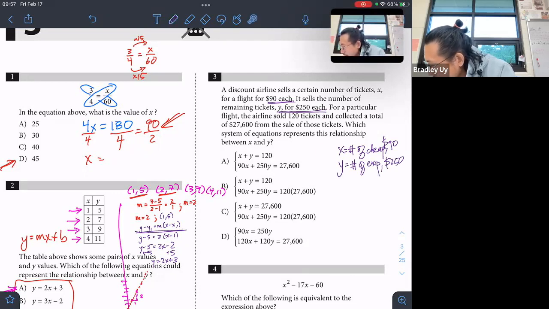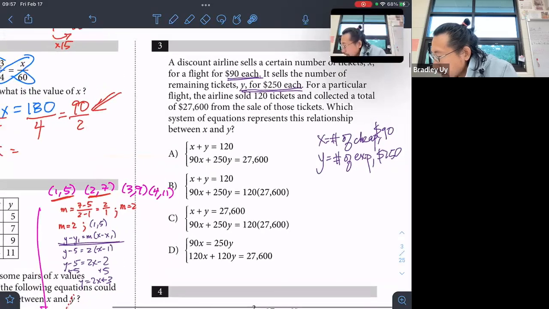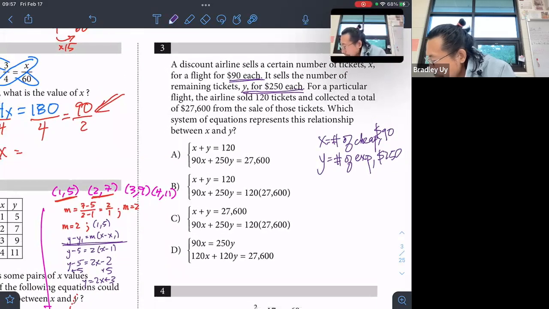Having a key is a good strategy for any problem involving a system of equations. When we're trying to build our system of equations, we just simply look. The airline sold 120 tickets, so this implies an equation, which is X, the number of $90 tickets, plus Y, the number of expensive tickets.